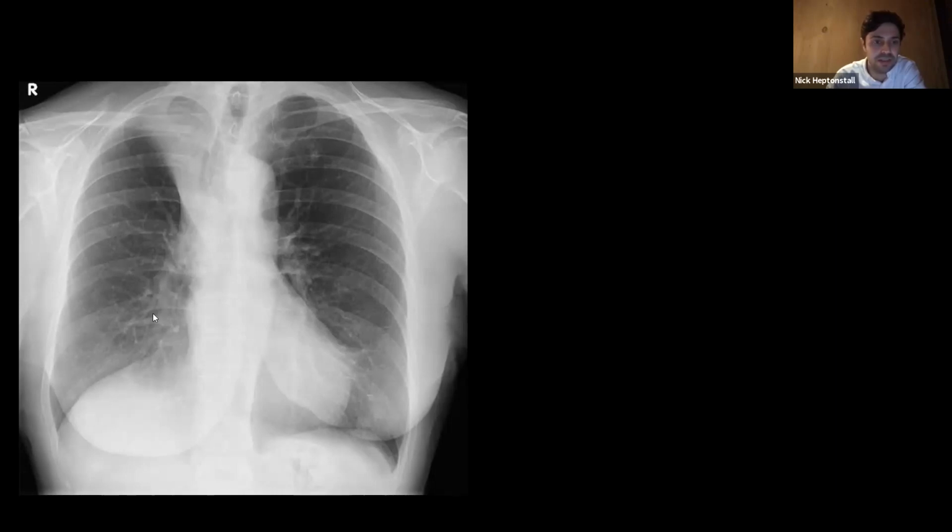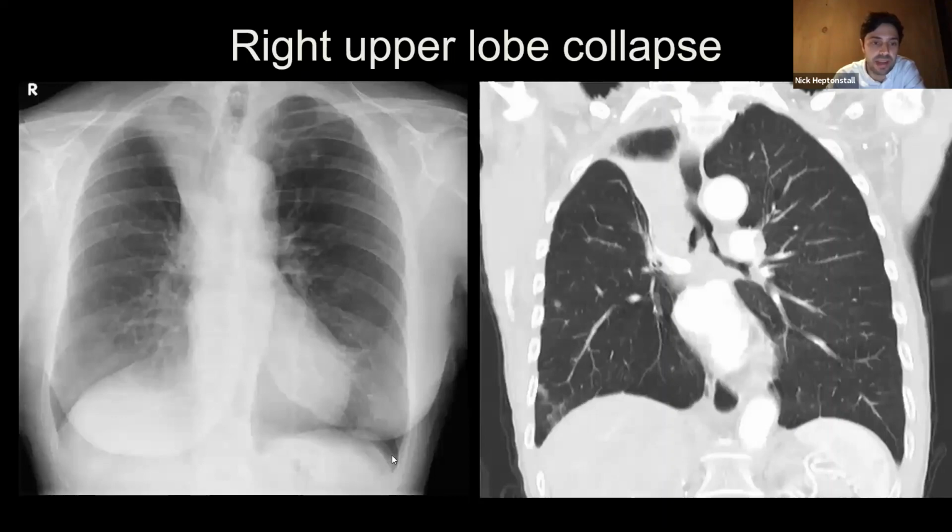It's normally down here. And then we can see the right diaphragm is elevated compared to the left diaphragm. So this is right upper lobe collapse. This is classic right upper lobe collapse. Usually looks very similar. There's also on this X-ray some very subtle surgical clips and some irregularity to the left breast.